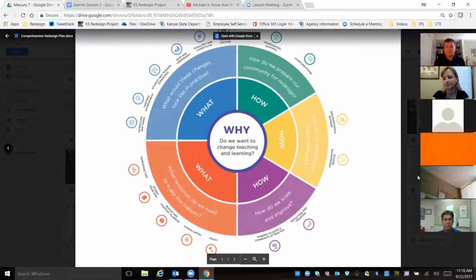Yeah, and that's really good. That why in the center, that's what the Mercury schools are working on right now. And somewhere around March, they will start putting together their plan with all the components that you see on that diagram right there.